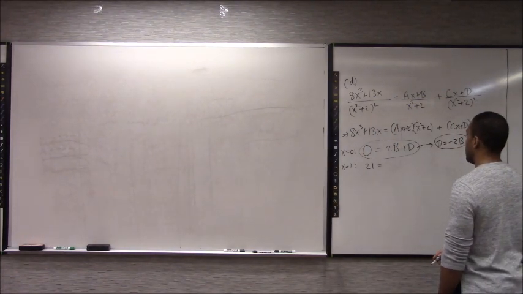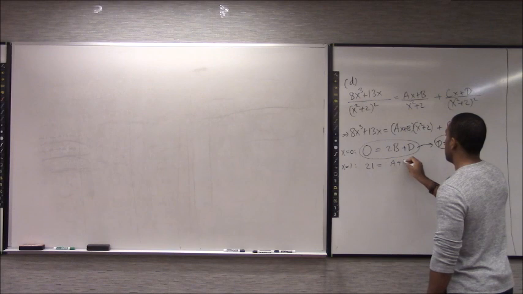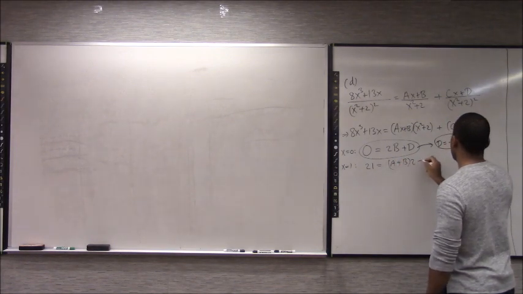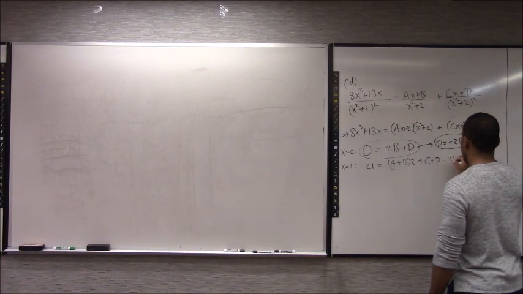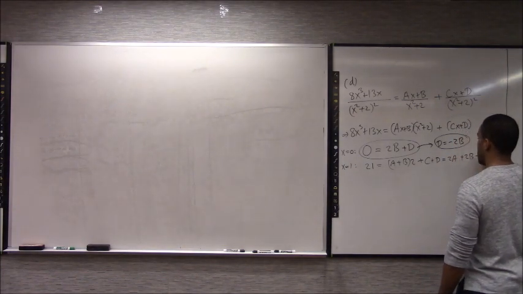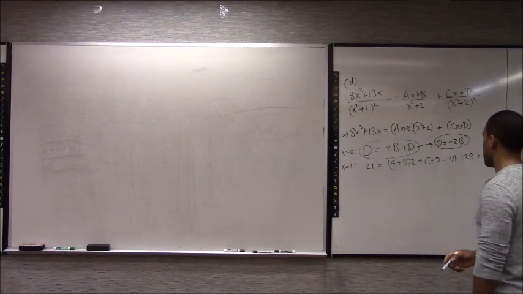Okay, so 21 would be equal to A plus 2A plus B plus 2B plus C plus D. A plus B times 2 plus C plus D. That's 2A plus 2B plus C plus D, right?